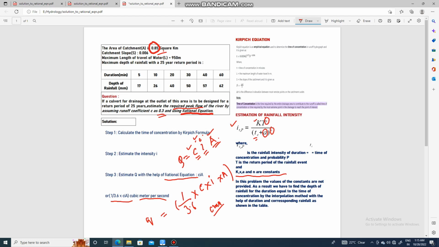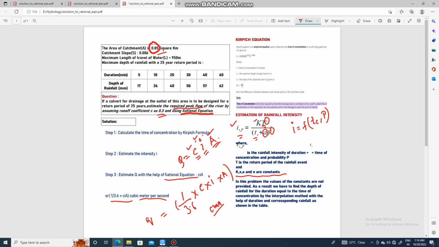I is, as can be easily interpreted, the rainfall intensity, and this I is a function of, or depends upon, the time of concentration of the rainfall and also the probability of the rainfall. And this T, as you know, is the return period of the event for which you are calculating the intensity.